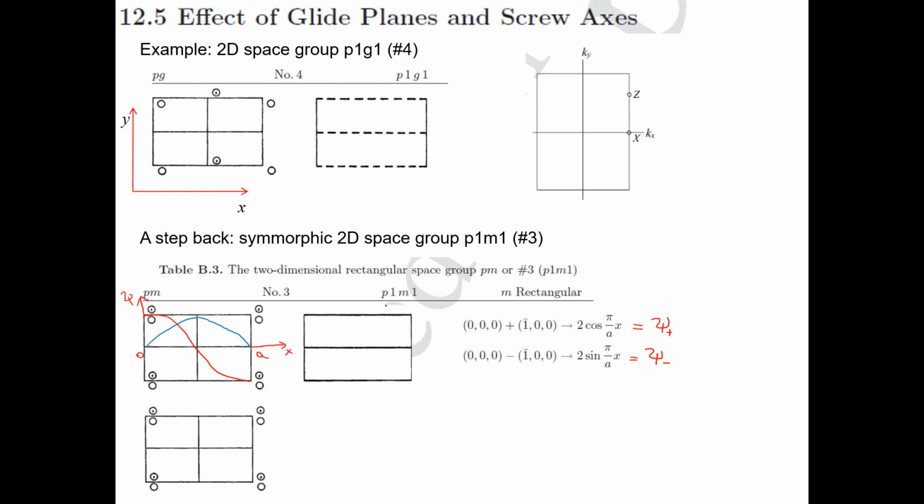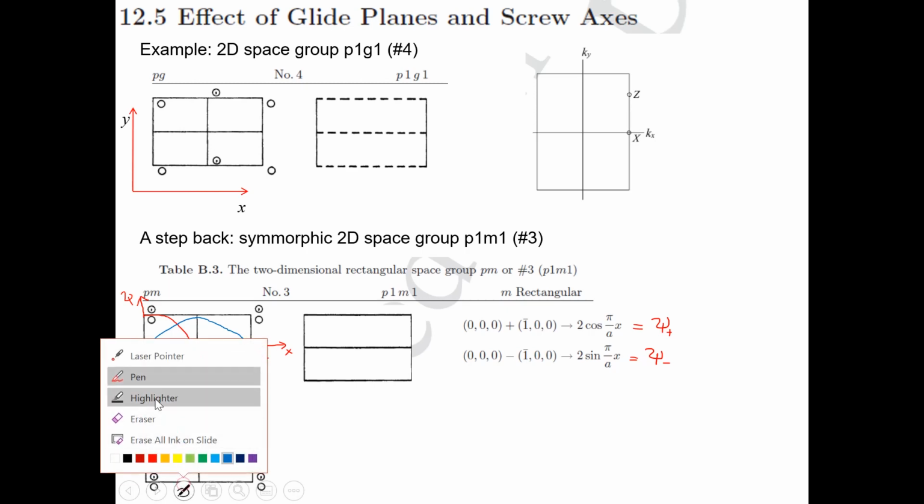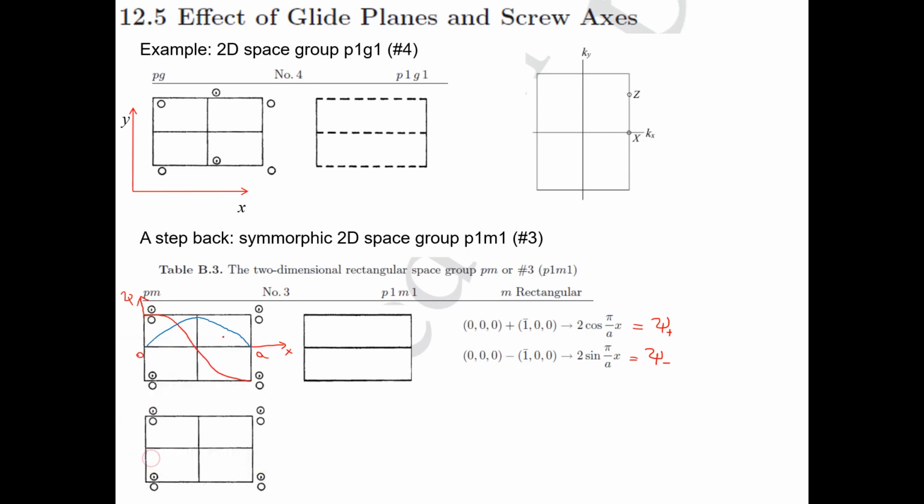But what is important to consider here is the potential energy. And for the potential energy, what is more relevant to draw here is not the wave function, but rather the psi square, the wave function square, which gives me the probability of finding the electron.